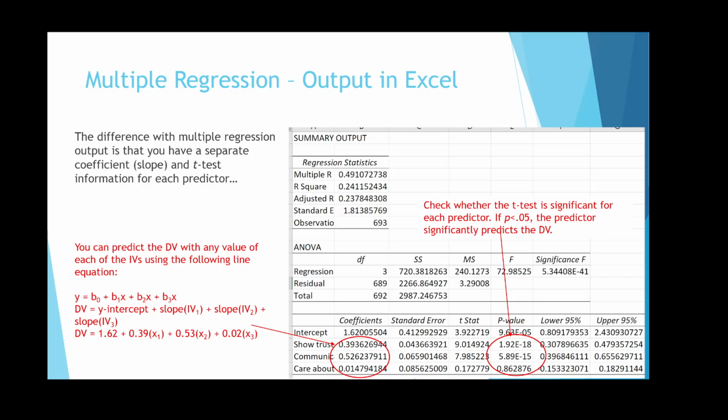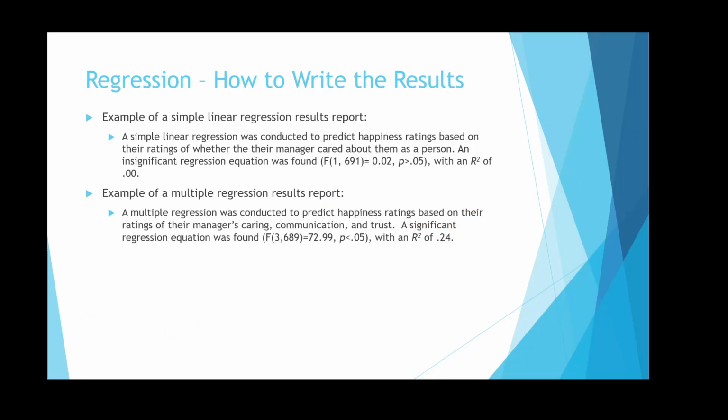So that's multiple regression. The next thing I want to cover is how to write a technical report of your regression results. And I am going to add something here to one of these, but let's start with the simple linear regression that we did in the last video. A simple linear regression, you're going to write up the results in a way like this.